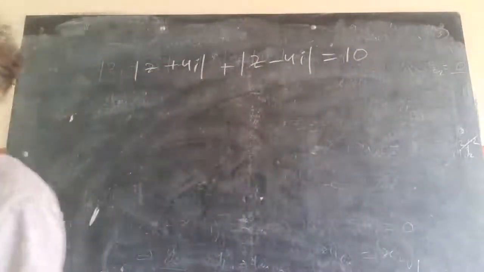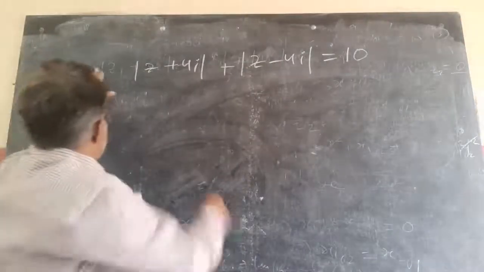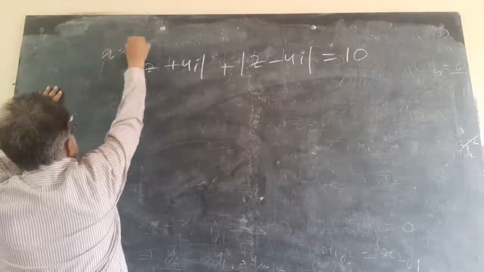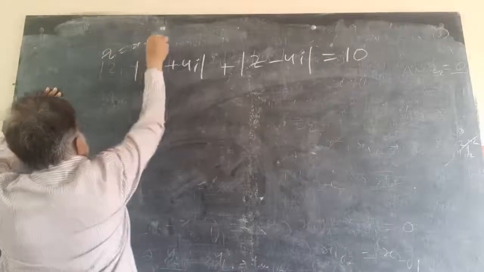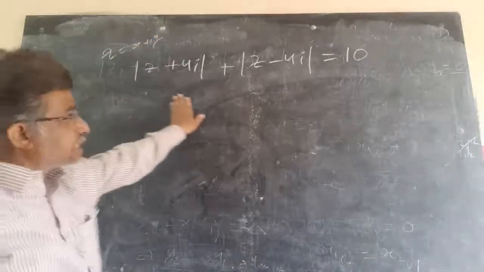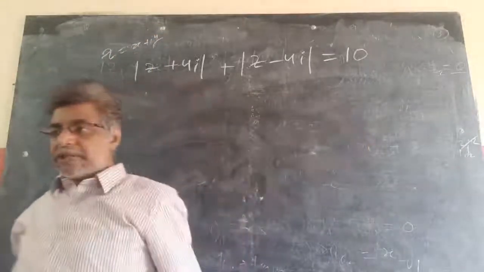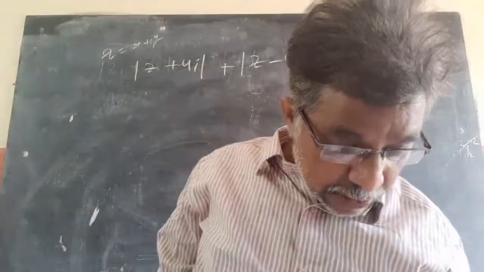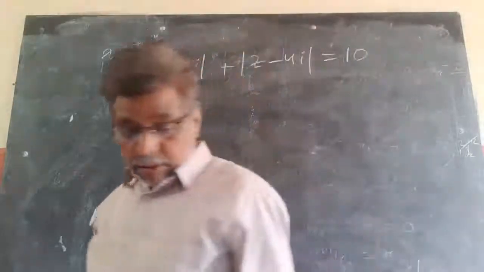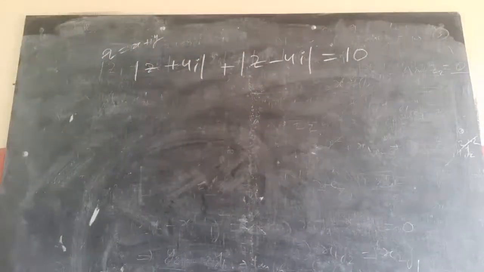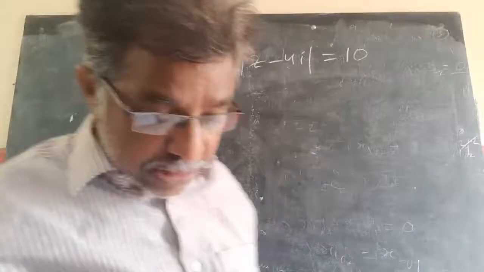Find the locus of z. z equal to x plus iy. Find the locus of z that satisfies this condition: modulus of z plus 4i plus modulus of z minus 4i equal to 10.